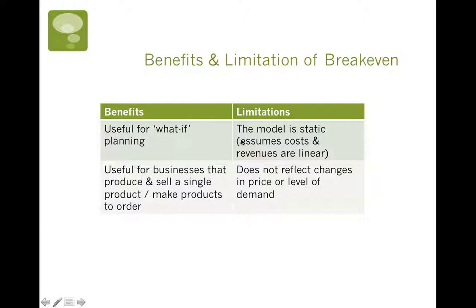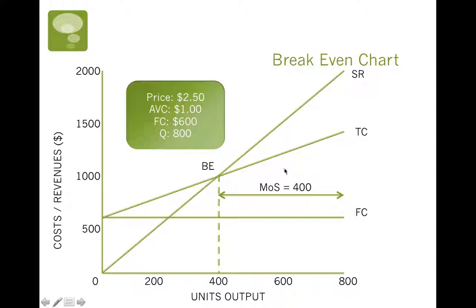The limitation is that the model is what we call static. It doesn't change within the environment that it looks at in its business situation, meaning that, for example, costs and revenues are linear. So, to give you an example of this, looking at the chart, my total cost line here says that my fixed costs obviously don't change with output, and my total costs continue to rise by units output.